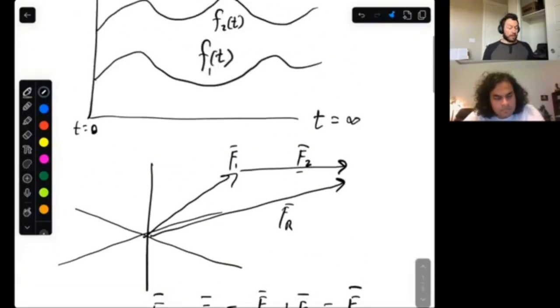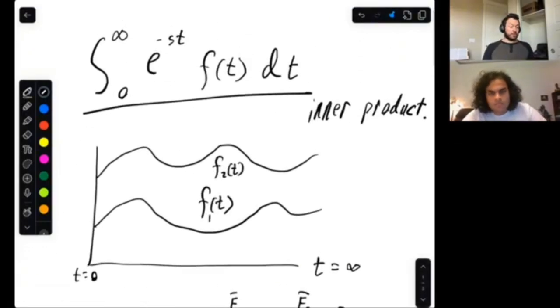Now I'm going to scroll up, and I'm going to return to these two functions. Or not just these two functions, but every function that could occupy this space.